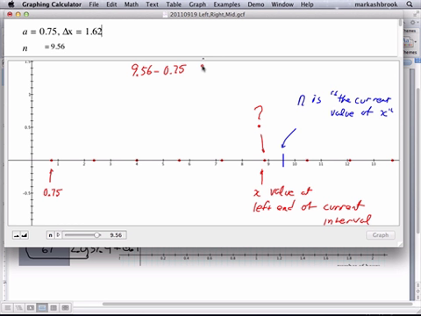To our current value or to where we want? Current value. So it's the distance from the starting point to the current value. Okay? And then what? Keep going.